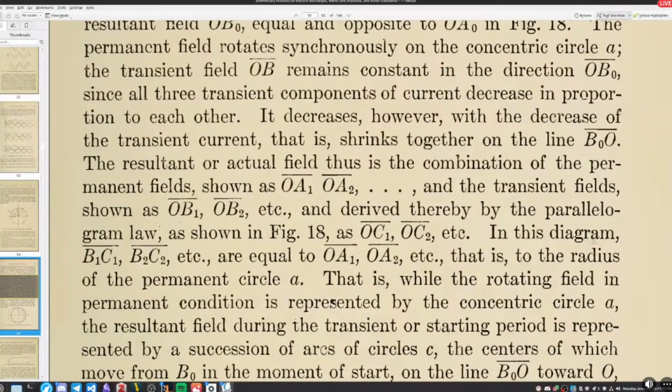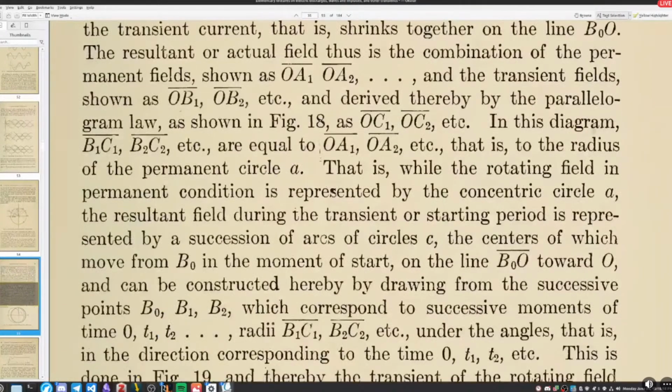So, they're derived thereby by the parallelogram law as shown in figure 18 as OC1 and OC2, etc. In this diagram, B1C1, B2C2, etc. are equal to OA, OA1 and OA2, etc., that is, to the radius of the permanent circle alpha.